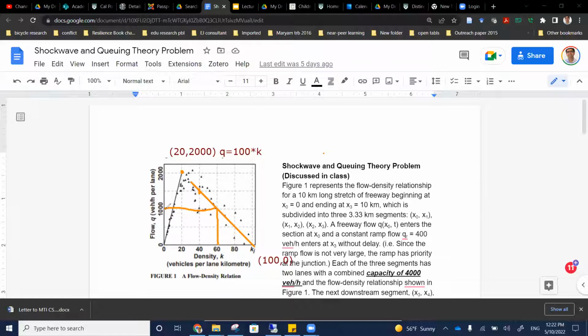If I know 2 points on a line, 60 and 1000, and 100 and 0, I can come up with the equation of this line too.